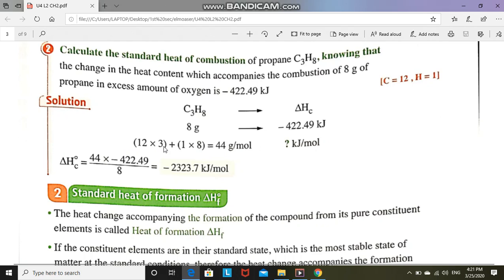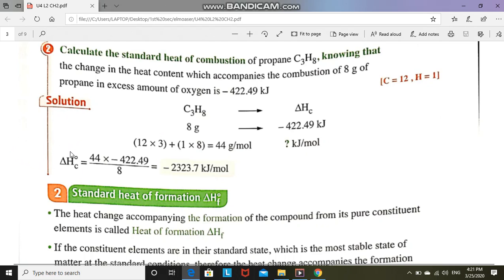We will perform the molar mass of propane. 3 carbon atoms times 12 plus 1 times 8 produces 44 gram per mole. Okay, we want here the amount of heat or standard heat of combustion for 1 mole of propane. Okay, we will divide.